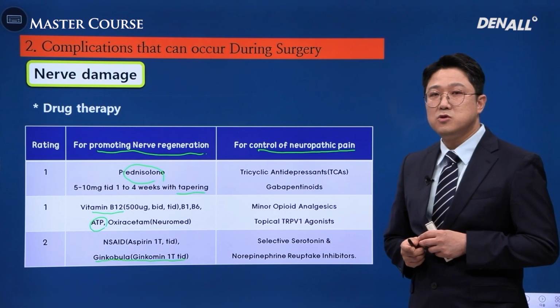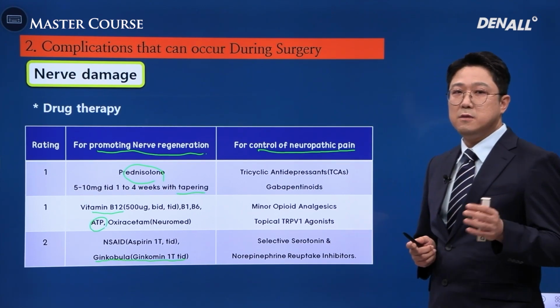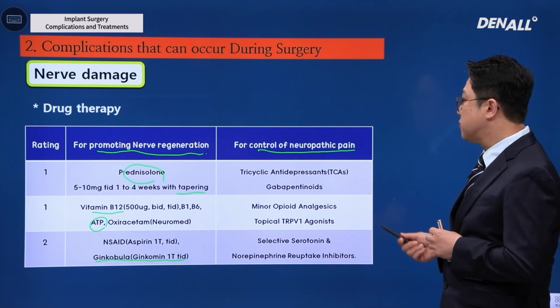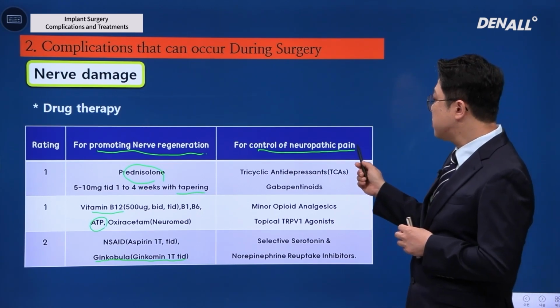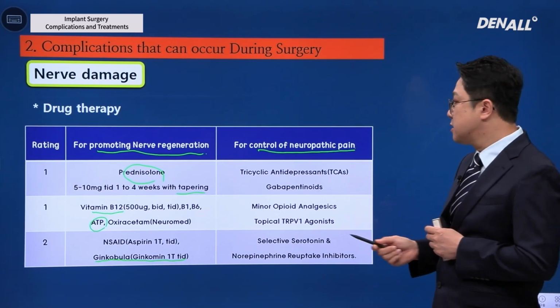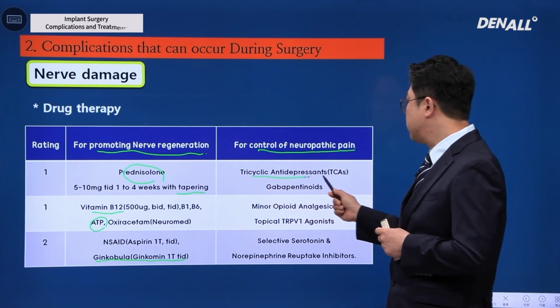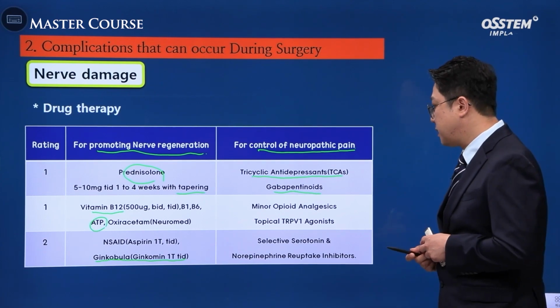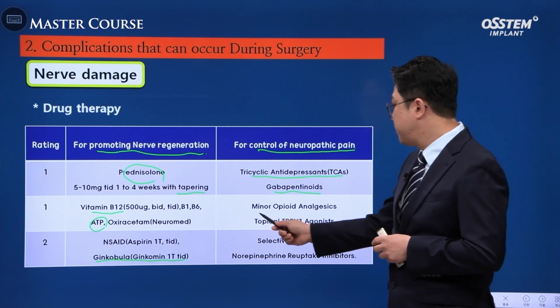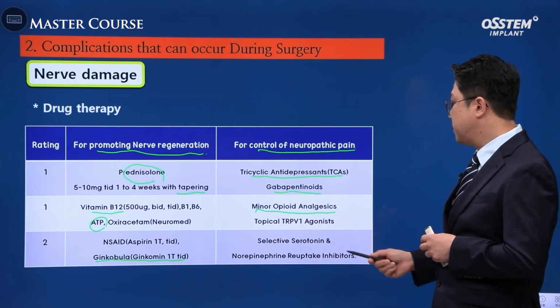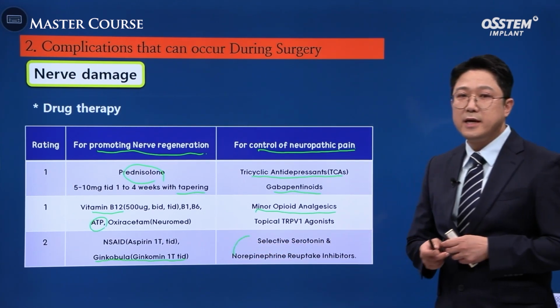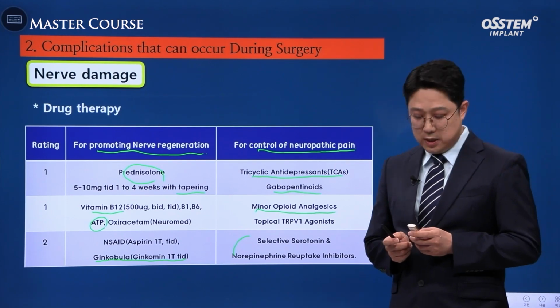This is to promote nerve regeneration. Secondly, there is a drug for pain control. As we all know, TCA-type medicine, gabapentinoids are prescribed frequently. Also, minor opioid analgesics can be prescribed. As second-line therapy, SSNRI can be prescribed.